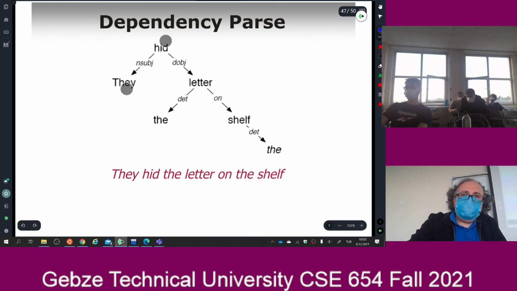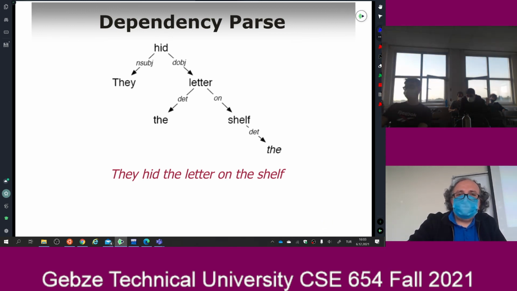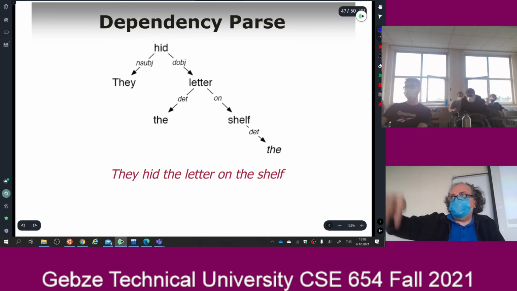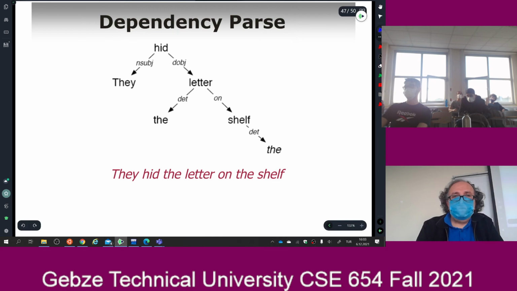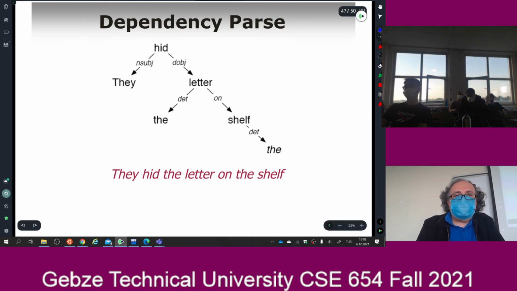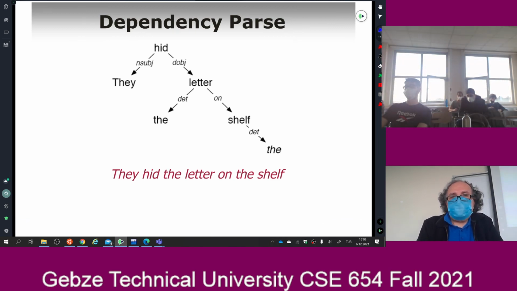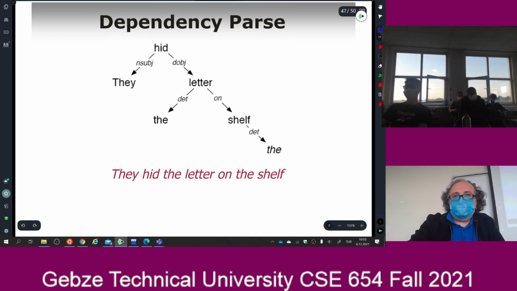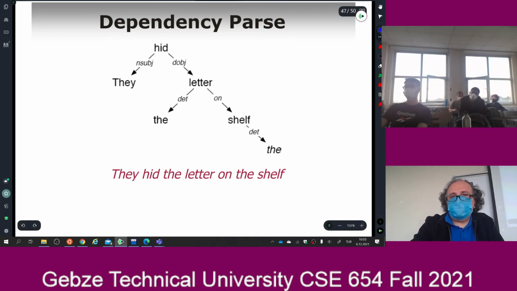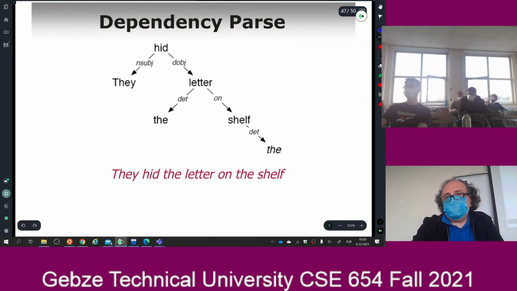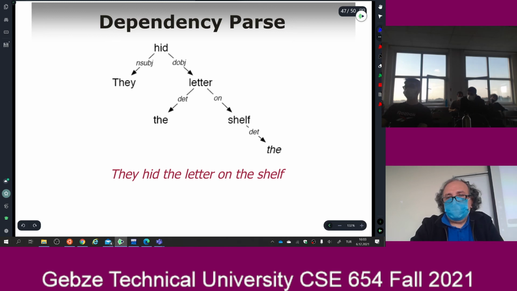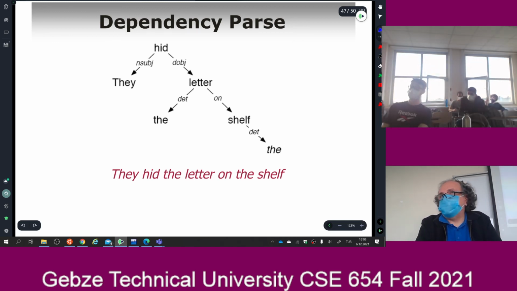Hid and they are dependent on each other. Hid is the head word of this sentence. This is the head, this is the verb. They is the nominal subject of hid. Letter is the direct object of hid. The is the determiner of letter. There is an "on" relationship between shelf and the letter, and there is the determiner of the shelf.